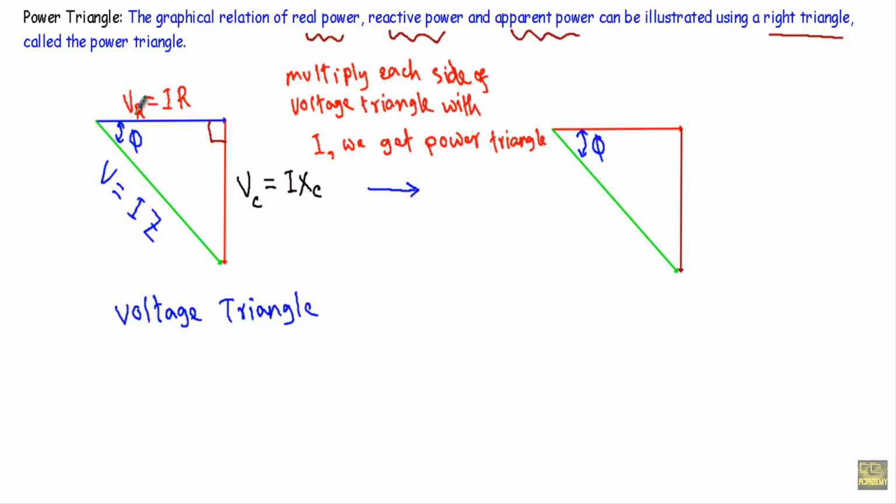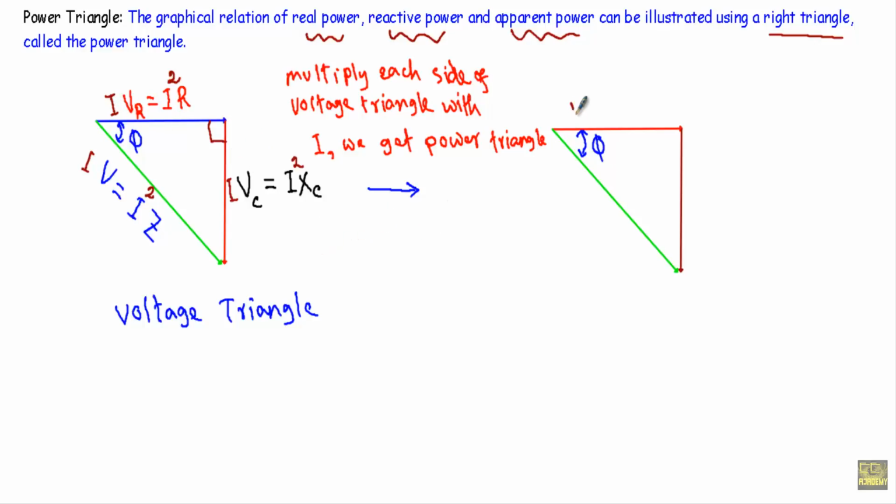See, in this direction we have VR. If I multiply this with I, I will get I into VR, or VRI, or I square R. If I multiply this with I, I will get I VC, or I square XC, and in this direction I will get I into V, or I square Z. Therefore you will see all the components will be power components.